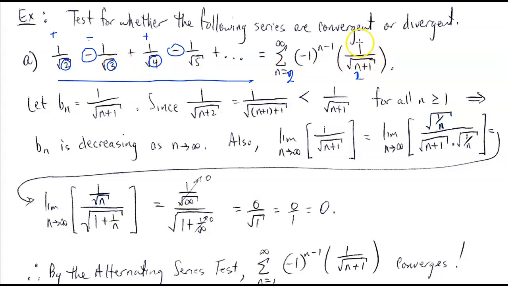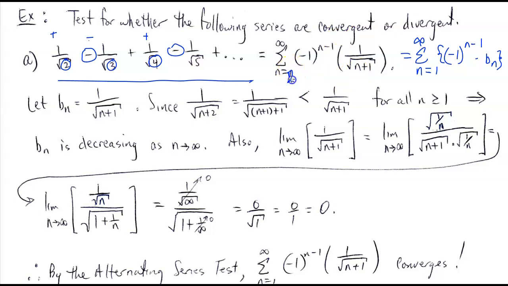So we see why we would have 1 divided by square root of n plus 1 as the b sub n term, because we could look at this as the summation from n equals 1 to infinity of this times b sub n, where b sub n is the sequence that has all positive terms.